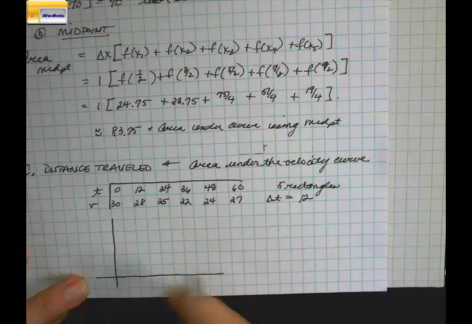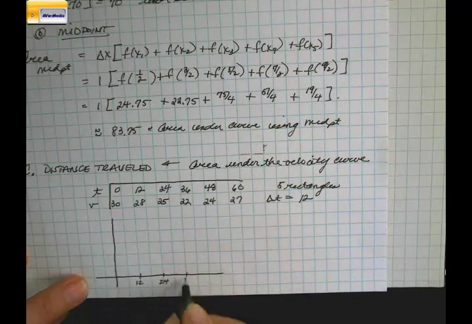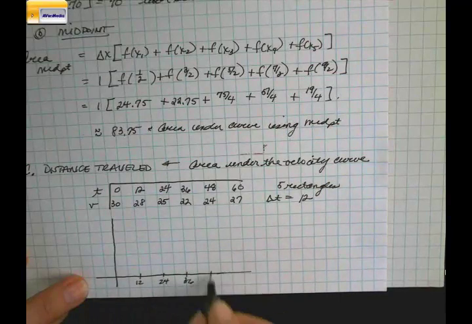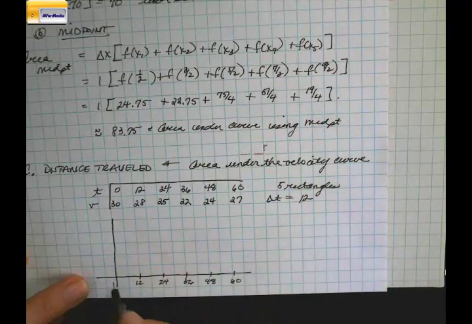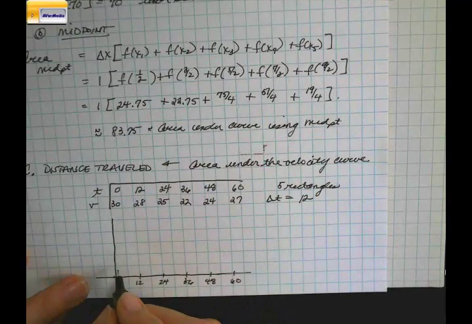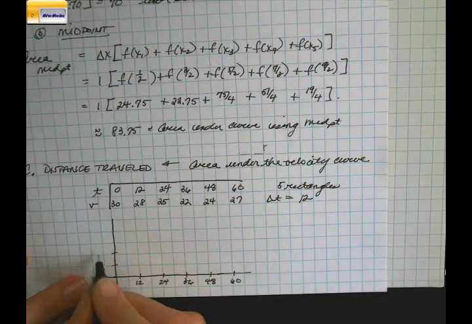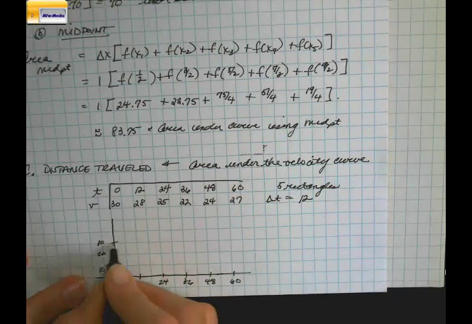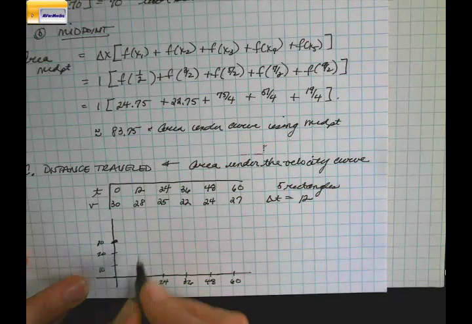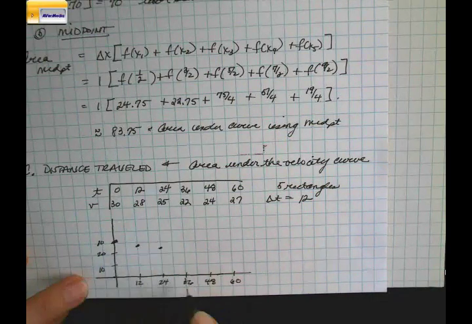So if you want to graph this, even though you don't even know the equation of the velocity curve, you can go 12, 24, 36, 48, and 60. At time 0, you're at a height of 30. At 12 seconds, you're at a height of 28. At 24 seconds, you're at a height of 25.